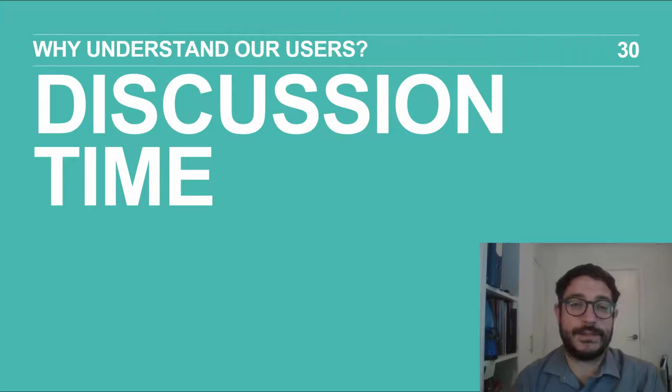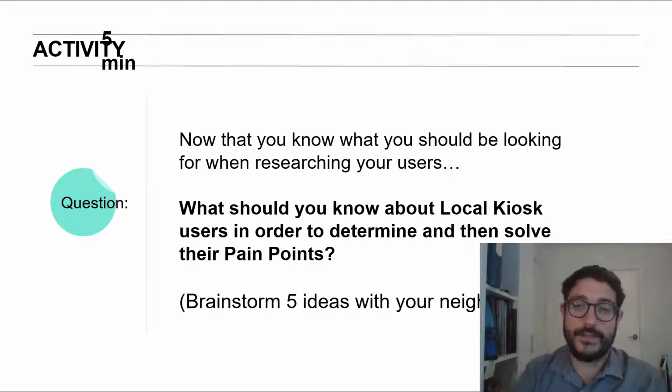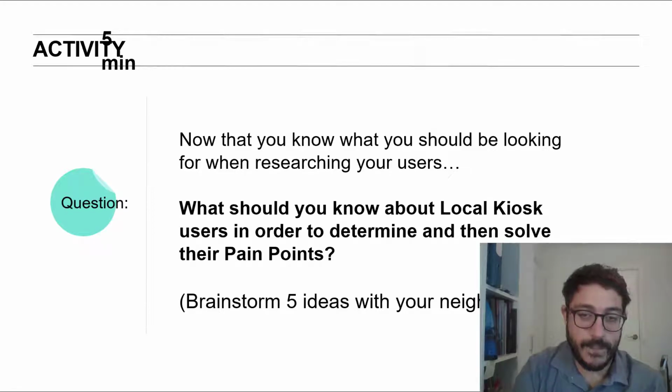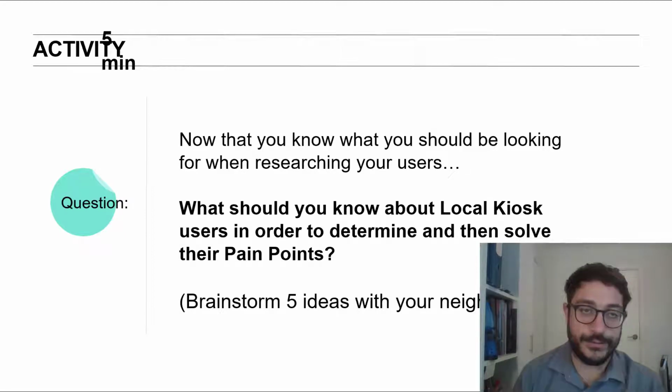Now, let's have some discussion time. Now that you know what you should be looking for when researching your users, what should you know about your local kiosk users in order to determine and then solve their pain points? So brainstorm 5 ideas with your neighbor. Think about what it is that you are trying to get from your users.